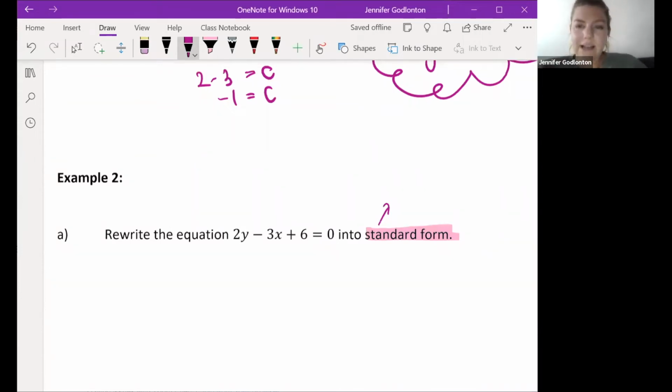Yeah, sort of, exactly. So we need to have a single y on the one side. It needs to be equal to our gradient with x on the other side, and then we need our constant. So we need to rearrange this. We need to move things around so that it looks like it's in this form.